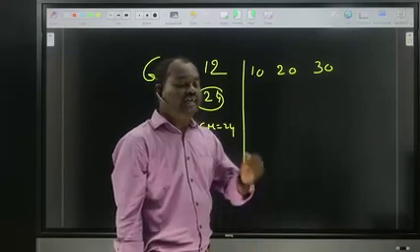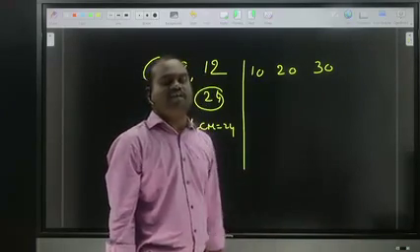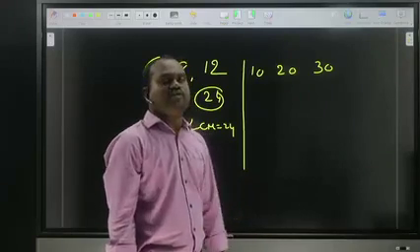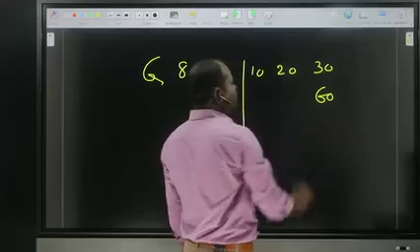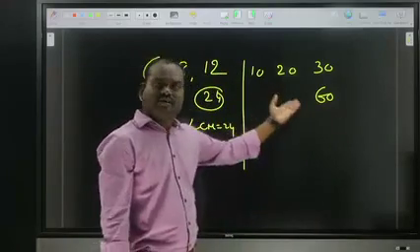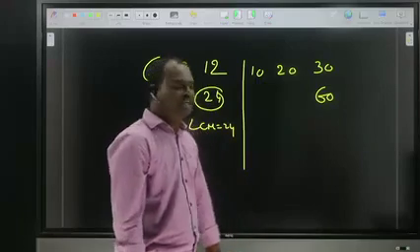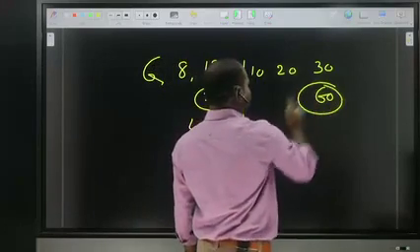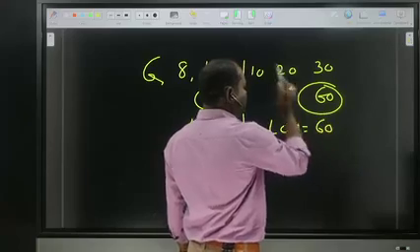Then we should go to the next multiple of 30. 3 ones are 30, 3 twos are 60. Observe, can we get 60 in the 10 table? Clearly, 6 times. In the 20 table? Clearly, 3 times. So what is the LCM? 60. LCM is 60. Is it clear?